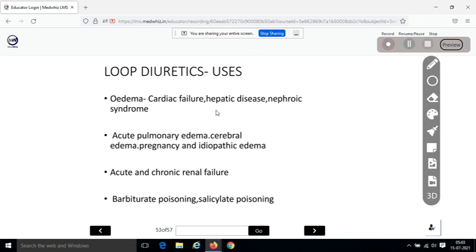Acute renal failure: loop agents can increase the rate of urine flow and enhance potassium excretion. In acute renal failure, these drugs may convert oliguric renal failure to non-oliguric failure, which facilitates management of patients. However, loop diuretics do not shorten the duration of renal failure.